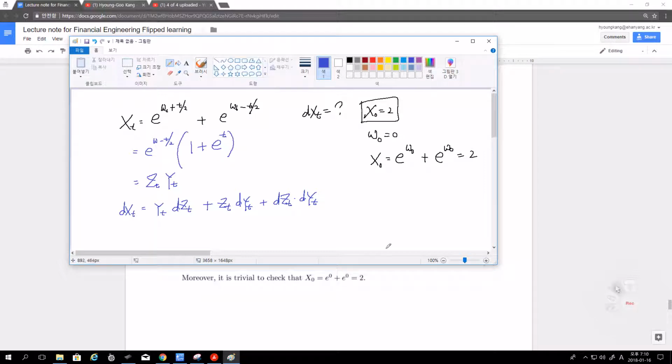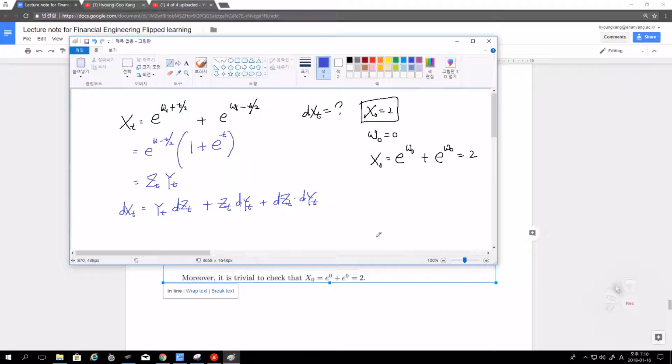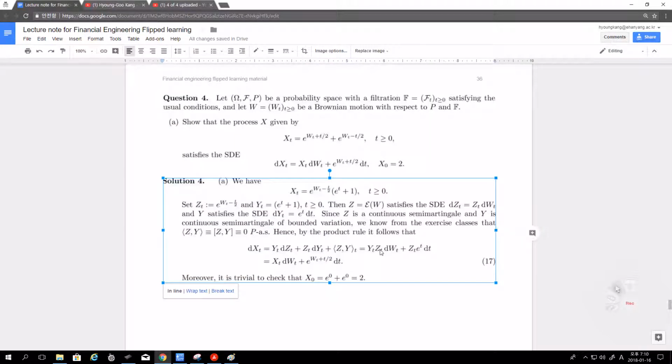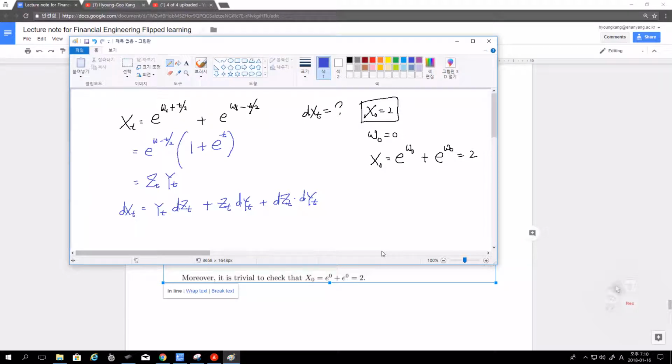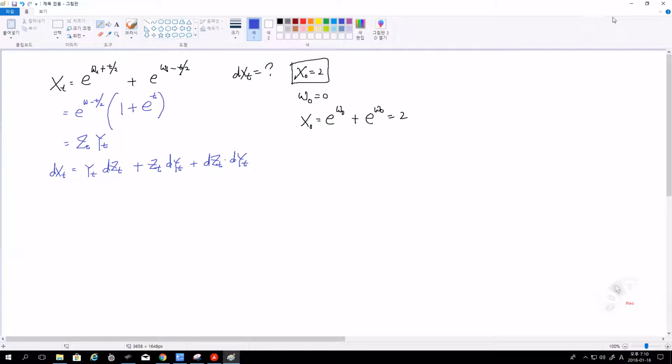This looks very interesting. So we have slightly different notation over here, but I think you don't have to concern much about this one. So let's work piece by piece. Let's calculate dz first and dy.